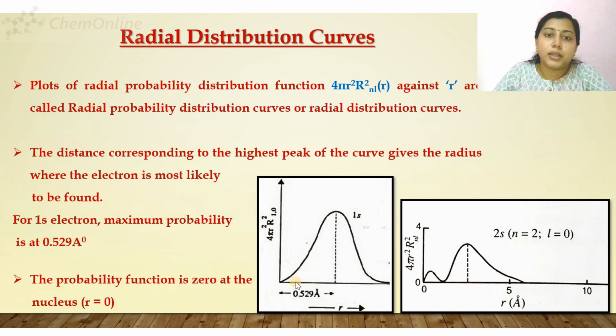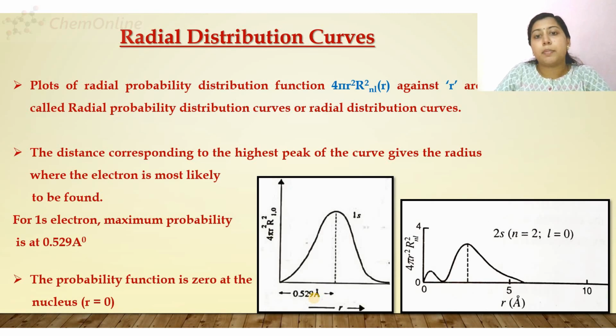Looking at the radial distribution curve for the 1s orbital, we can see that the distance corresponding to the highest peak of the curve, or the maximum, gives the radius where the electron is most likely to be found. In the case of a 1s electron, this distance is 0.529 angstrom, which is equal to the radius of the Bohr orbit for n equal to 1.